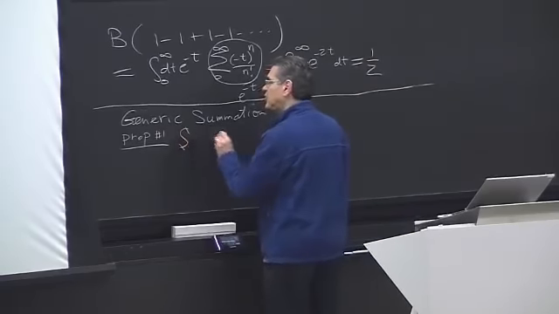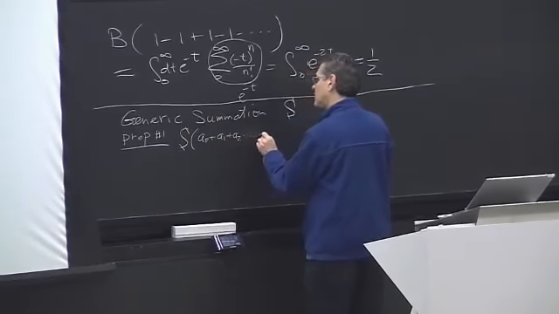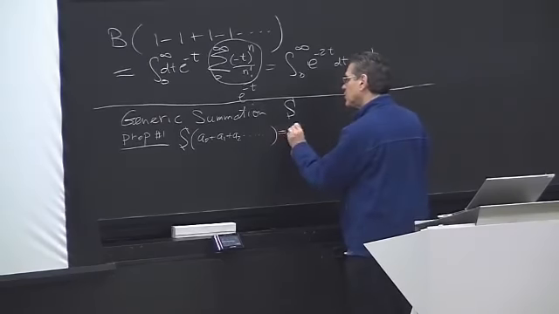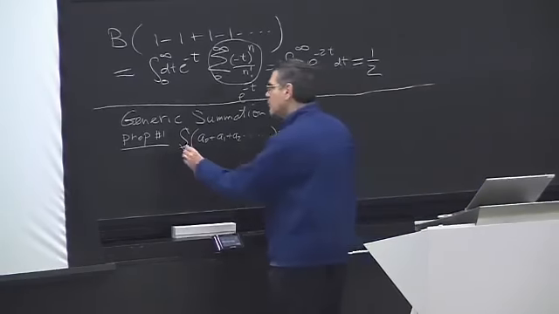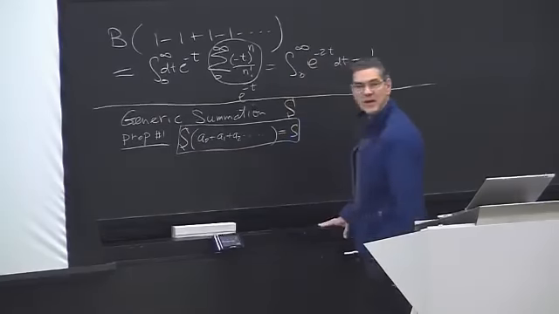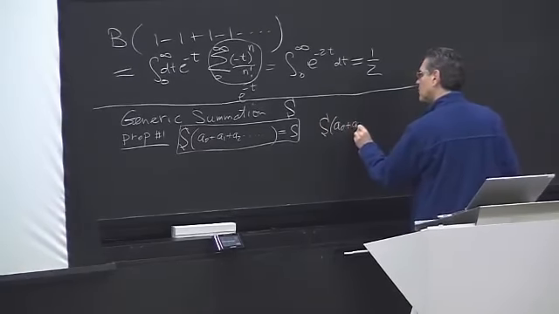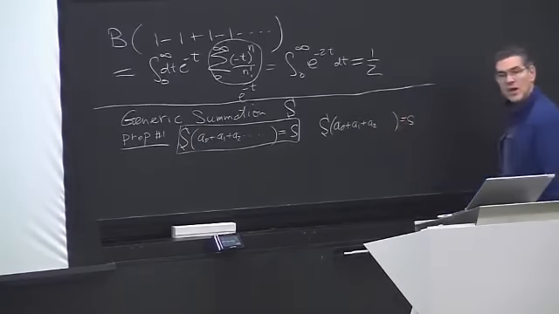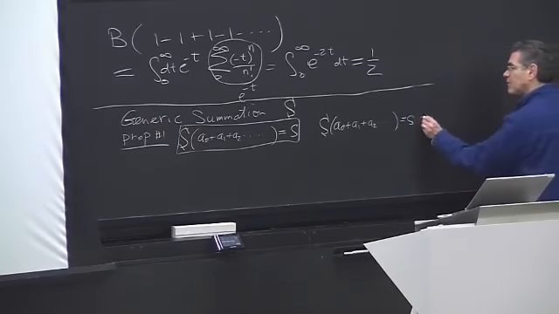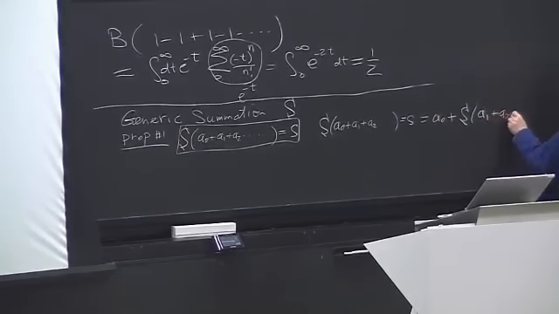This is some machine that takes the series A0 plus A1 plus A2 and so on, and assigns a number to it called the sum of the series, S. Property 1 should be that if I sum all of these numbers, A0 plus A1 plus A2, and this exists, this is equal to S, it should be exactly the same as if I were to pull off the first number in the series, A0, and use the machine to sum up all the rest of the numbers, A1 plus A2 plus A3.